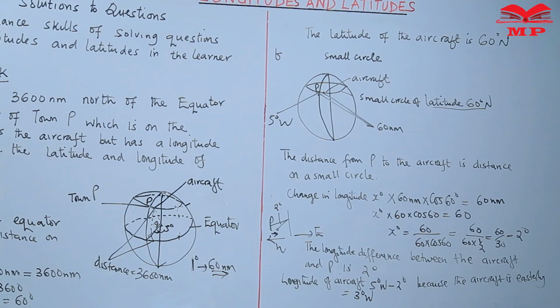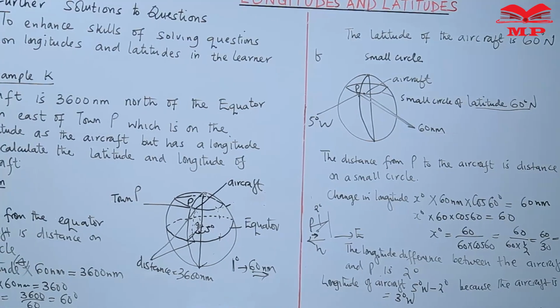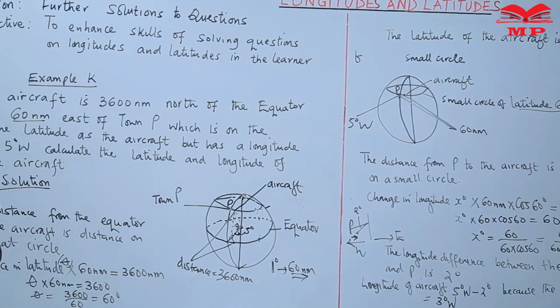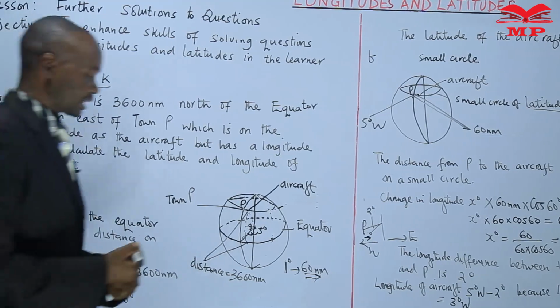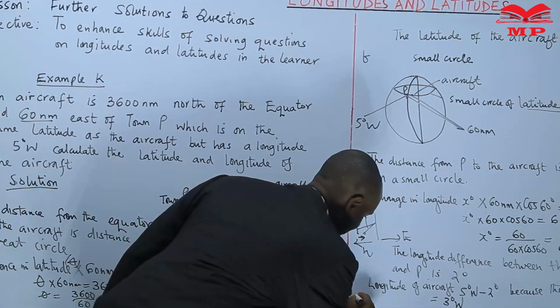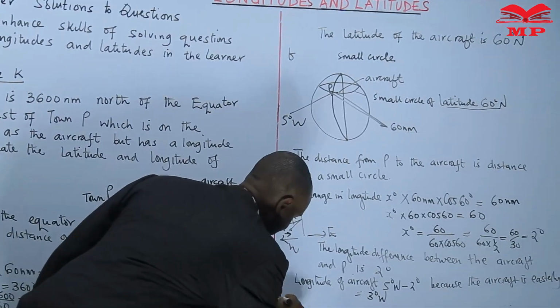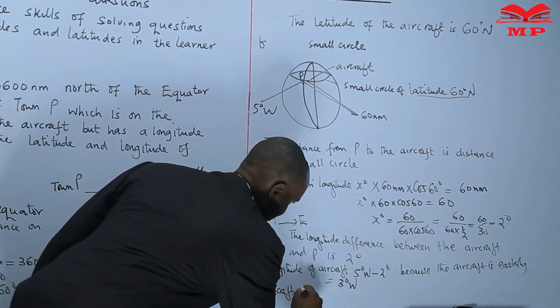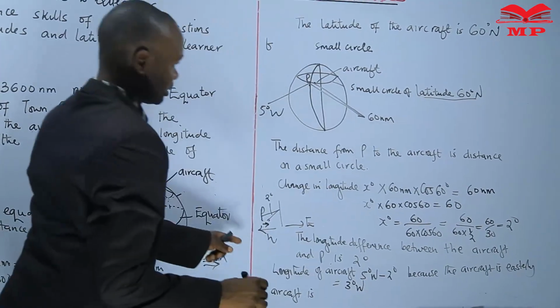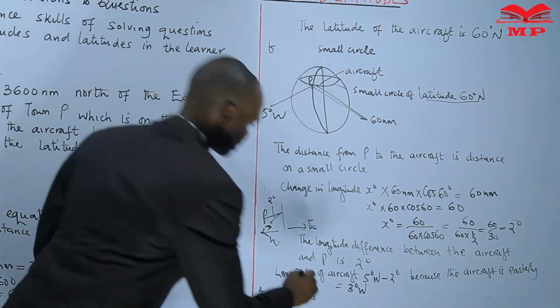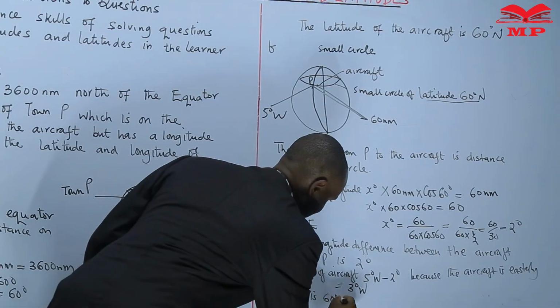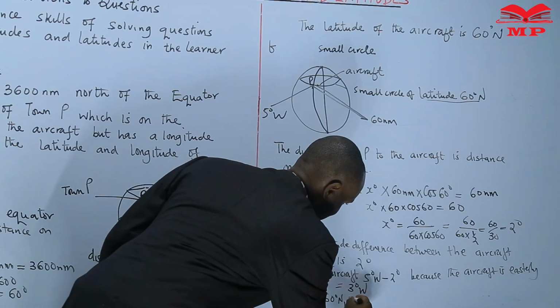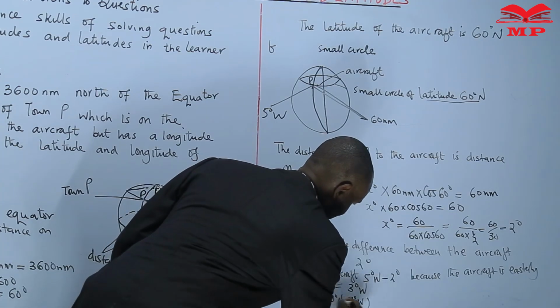So you go back to the question, calculate longitude and latitude of the aircraft. They are actually asking for the position of the aircraft. So the aircraft is, we come to the latitude 60 degrees north, stroke 3 degrees west.